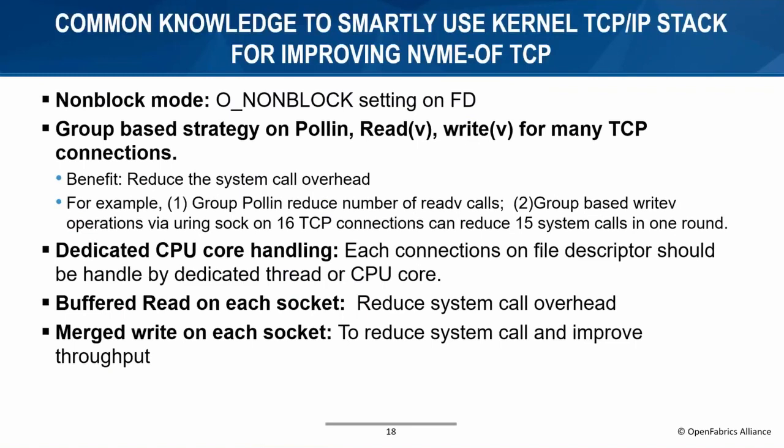For example, if we want to track the polling event of all the connections, we can just use the epoll strategy in the POSIX implementation, and we can use the polling strategy in the URING implementation. So it is very efficient.